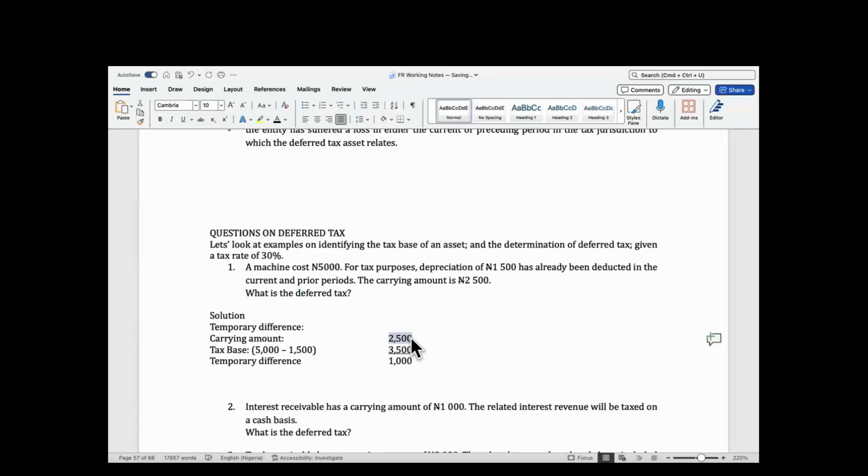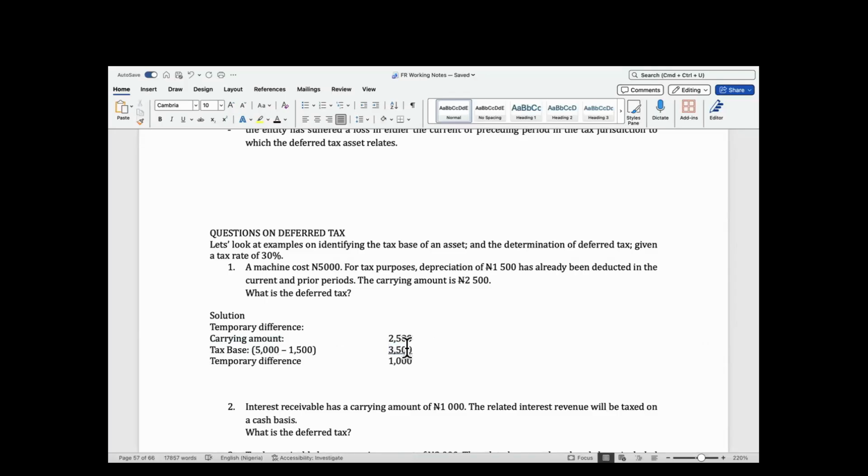So for me, 2.5 is what I'm deducting in my books, and the taxman is deducting 3,500. That's what the taxman will deduct.